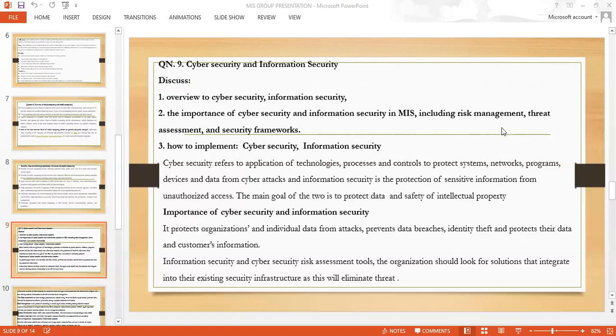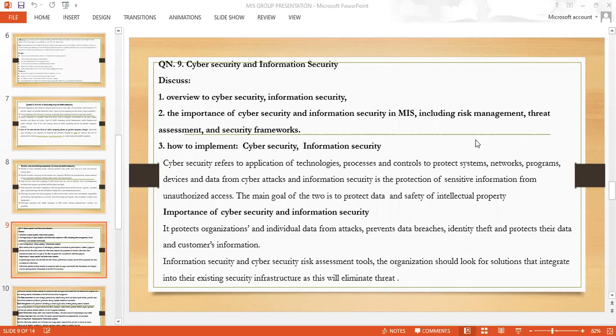Cybersecurity refers to protection of cyberspace, mainly the protection of networks, systems, and programs from cyber attack. Information security refers to protection of sensitive information from unauthorized access.